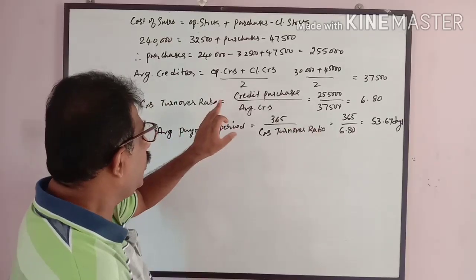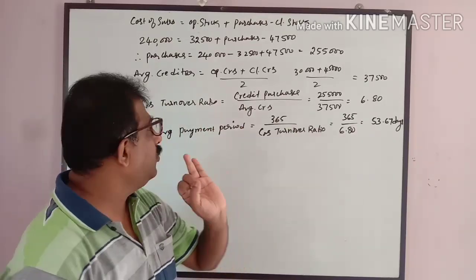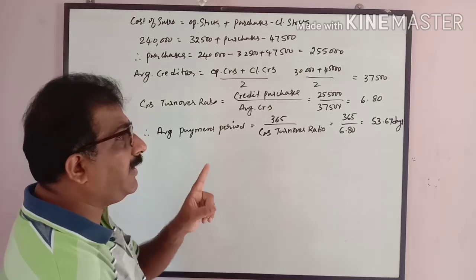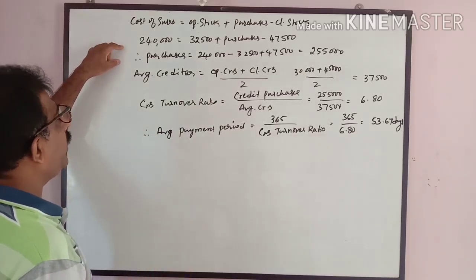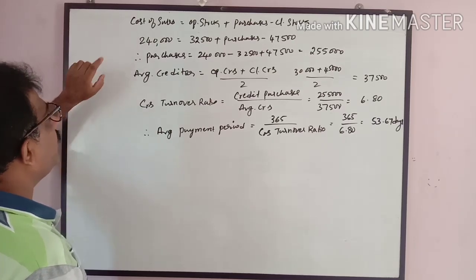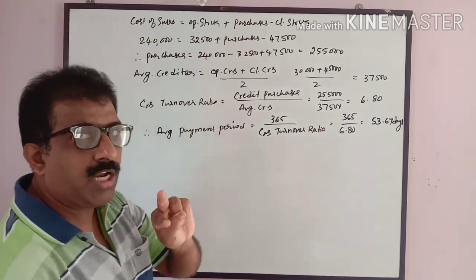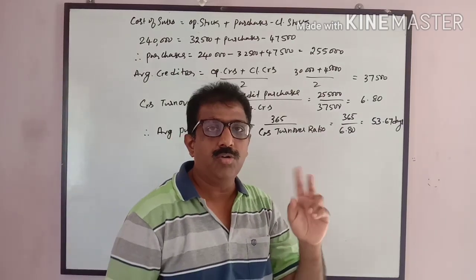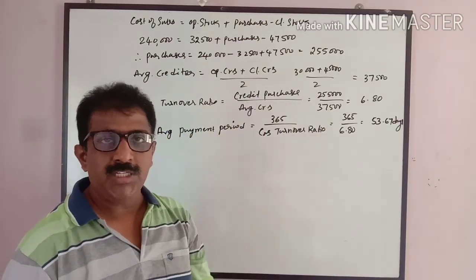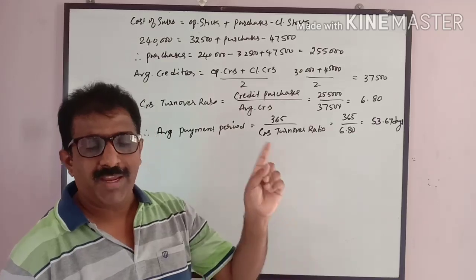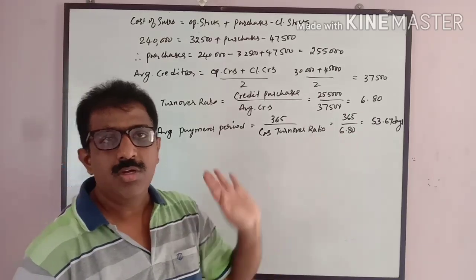Here we don't know the purchases or the average creditors, but the opening and closing creditors are given. But before that I will calculate purchases. How to find the purchases? Already I told you there are two formulas for finding cost of sales. One is sales minus GP. The other is opening stock plus purchases minus closing stock is equal to cost of sales.